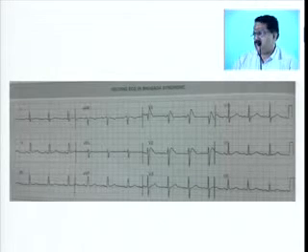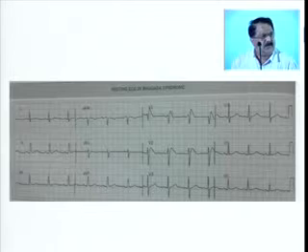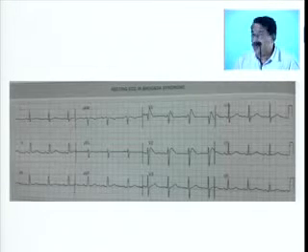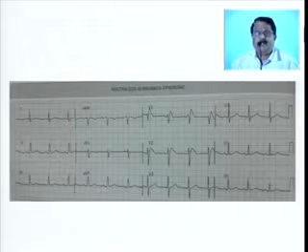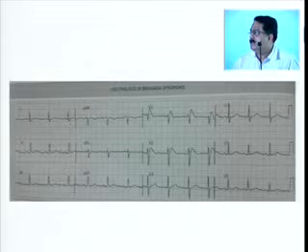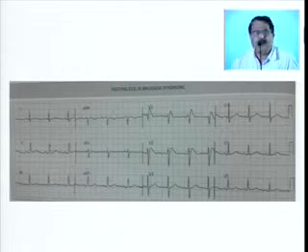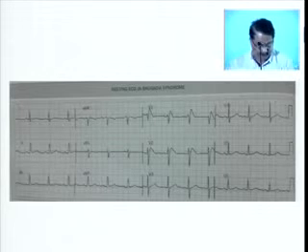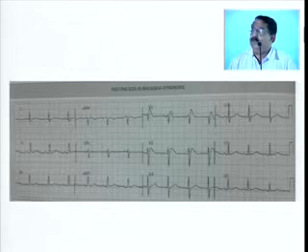So, as he was about to shift from the ICU to the room, collapsed, pulseless, BP unrecordable. What do you think is the problem?